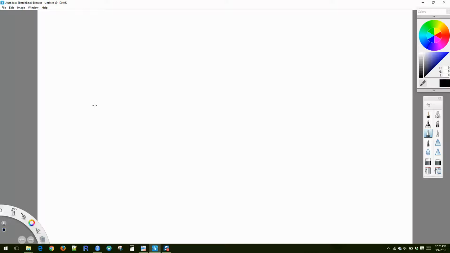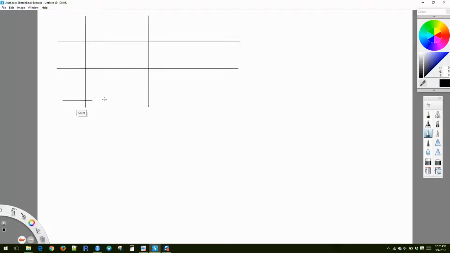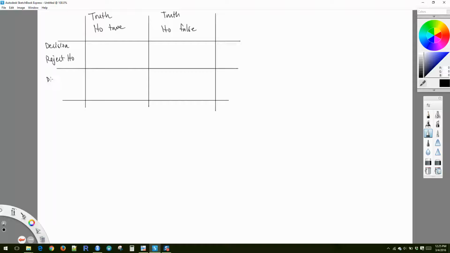Okay, so we have this summary table. We'll say the truth: the null is true, or the truth is that the null is false. And our decision: reject the null, or do not reject the null.